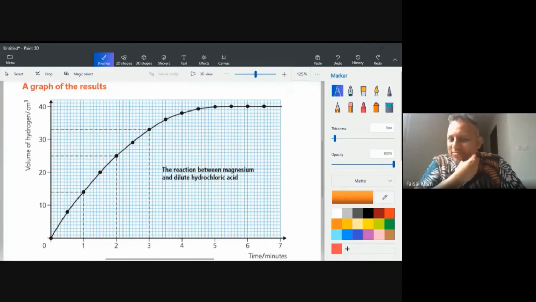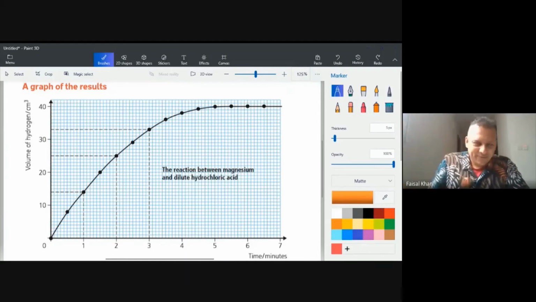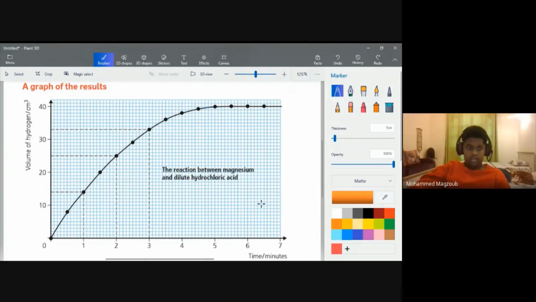How do we do this question? So we find the mean of the first 3 minutes. Yeah, okay, so go on then.